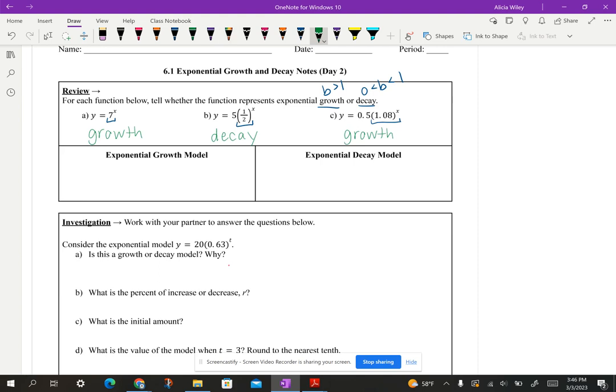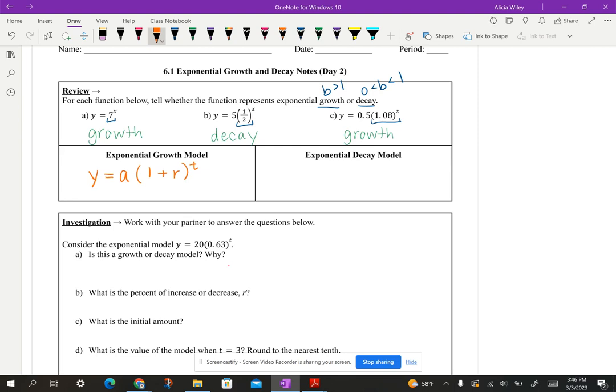Yesterday, we also talked about exponential growth formulas or models and exponential decay as well. So as a reminder, let's write those formulas down because we will be needing them today. The exponential growth formula is y equals a times the quantity 1 plus r raised to the power of t.